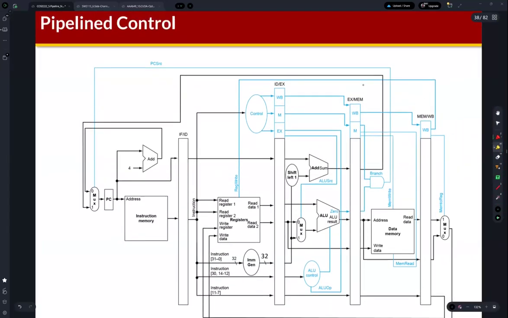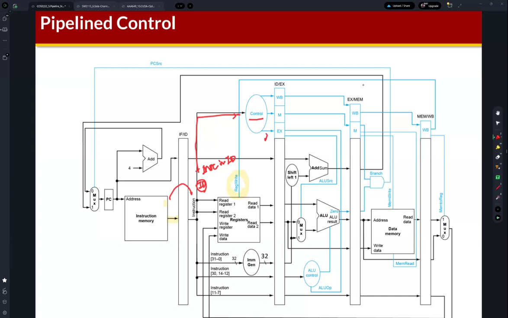So let's see the reg-write signal. The instruction is fetched from the instruction memory, right? And then this instruction is propagated to the ID stage. So this is the instruction in the ID stage. The instruction is given to the control unit, and then the control unit will generate the control signals.